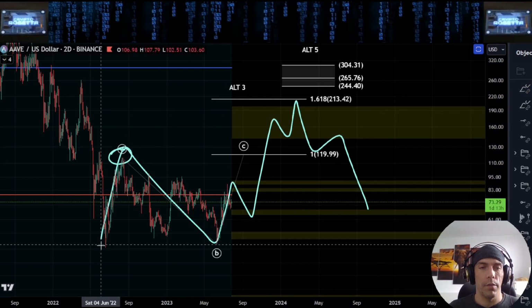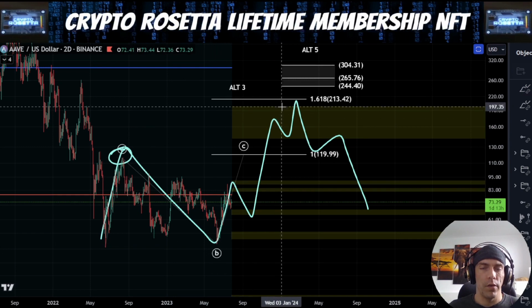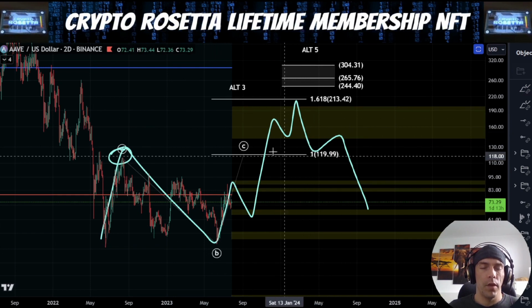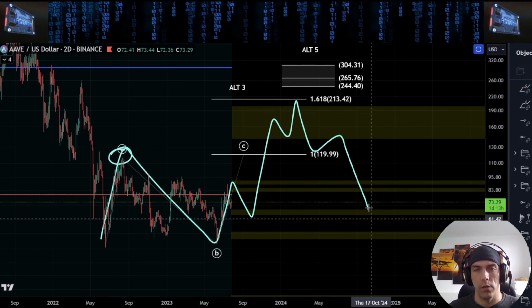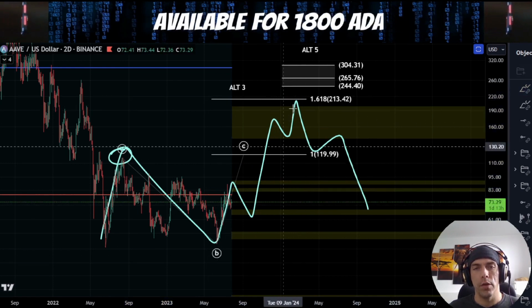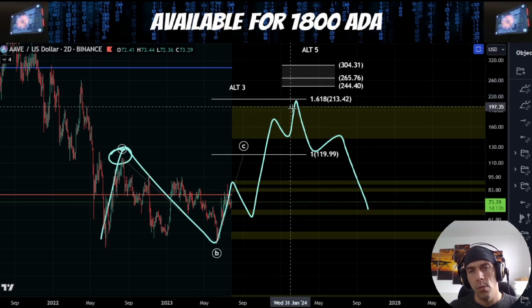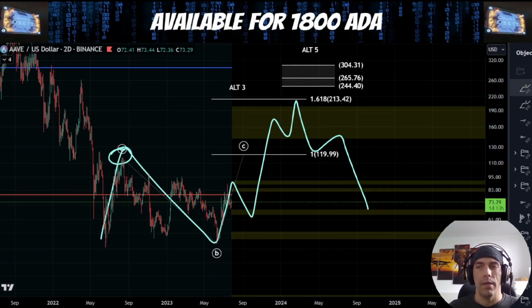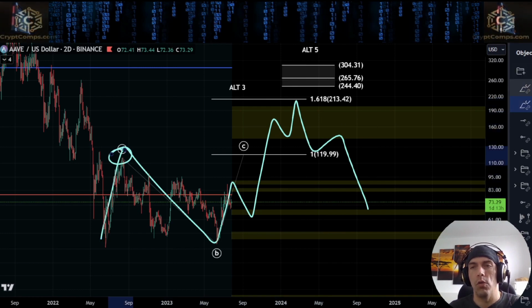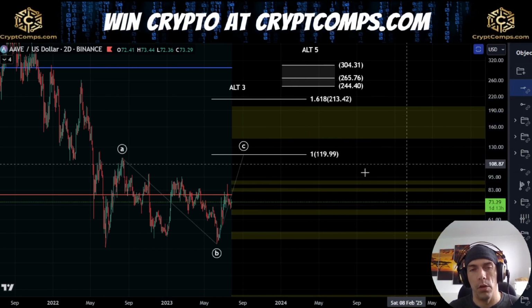Although we'd have to be careful that if we just see an ABC to the upside like this, this could then also just be a B wave, and then we look to break down. So the key thing here is if we do start to develop a 5-wave structure to the upside, we're going to have to wait for confirmation of that additional wave 2, and then get confirmation that we could be pushing to the upside in a bigger way.